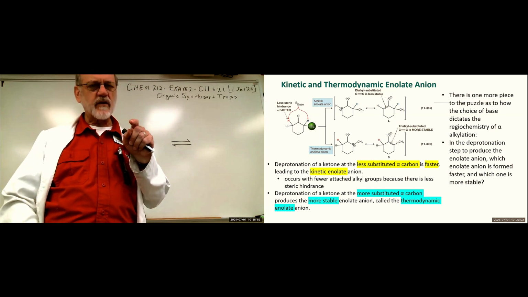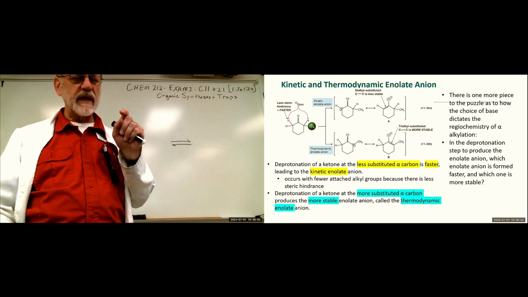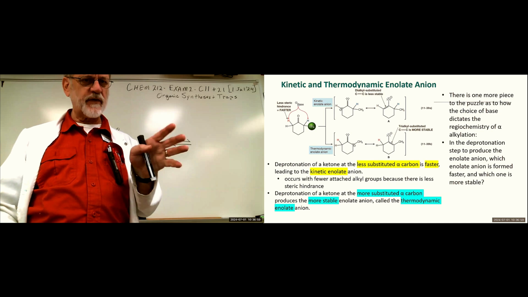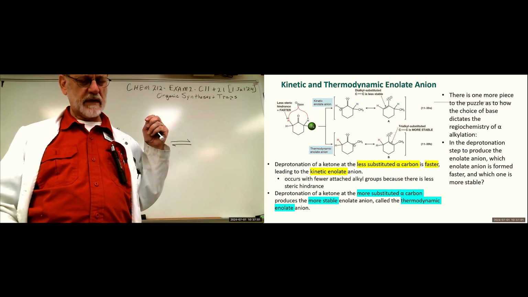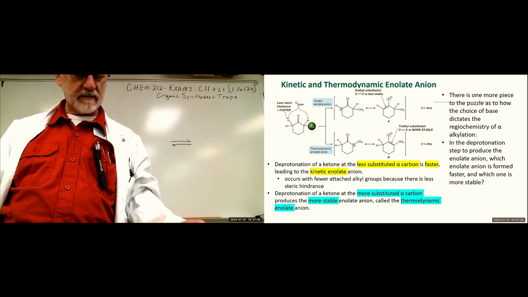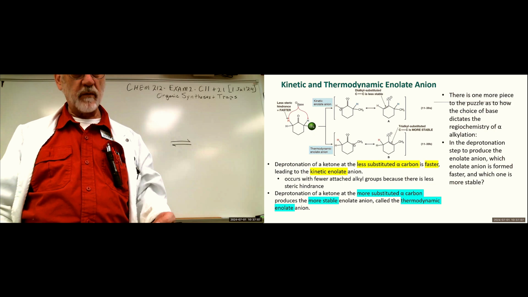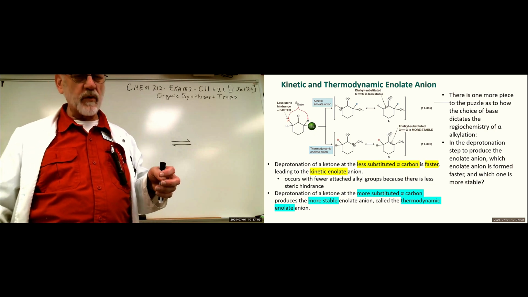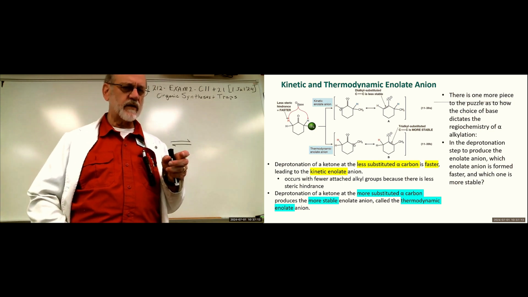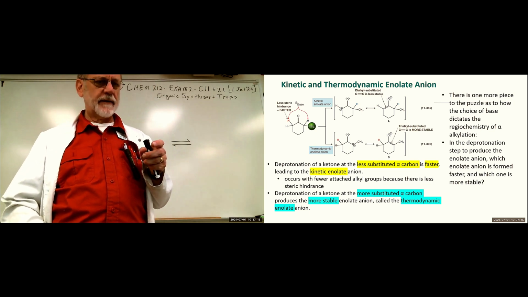Under kinetic control, the enolate would form faster. Kinetic is fast, and more stable is the thermodynamic control. So deprotonation of a ketone at the less substituted carbon is faster, leading to the kinetic enolate anion.